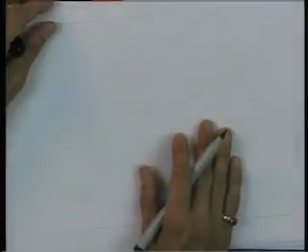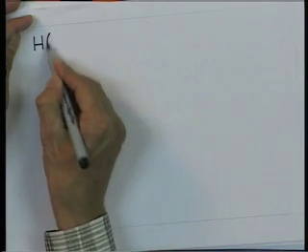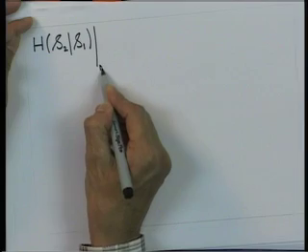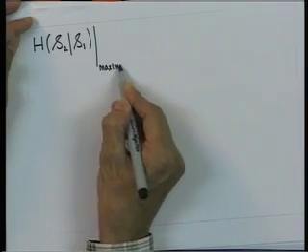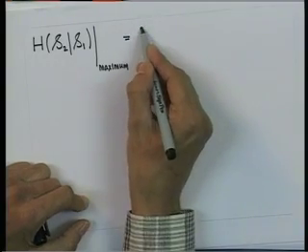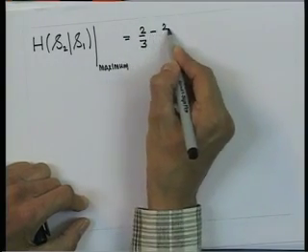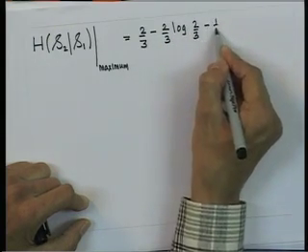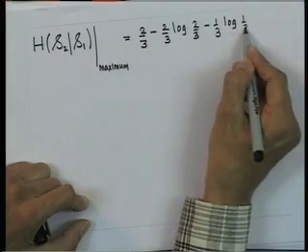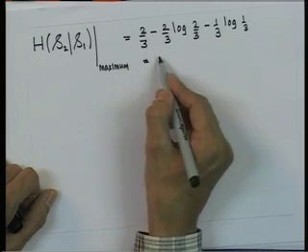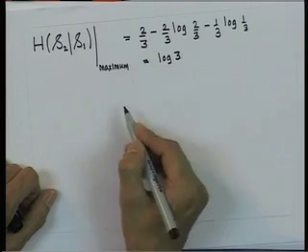If we calculate that, I have to evaluate that expression for p equal to 2/3, and if I substitute that, I get 2/3 log 3/2 plus 1/3 log 3, and this turns out to be log 3.